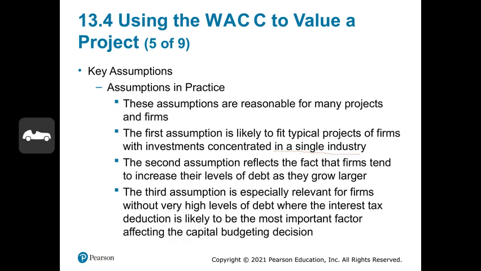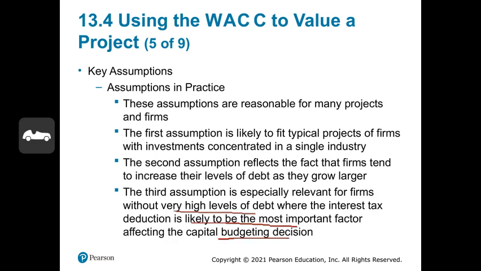The second assumption reflects the fact that firms tend to increase their levels of debt as they grow larger. So increased levels of debt become less risky the larger the firm is. And the third assumption is especially relevant for firms without very high levels of debt, where the interest tax deduction is likely to be the most important factor.